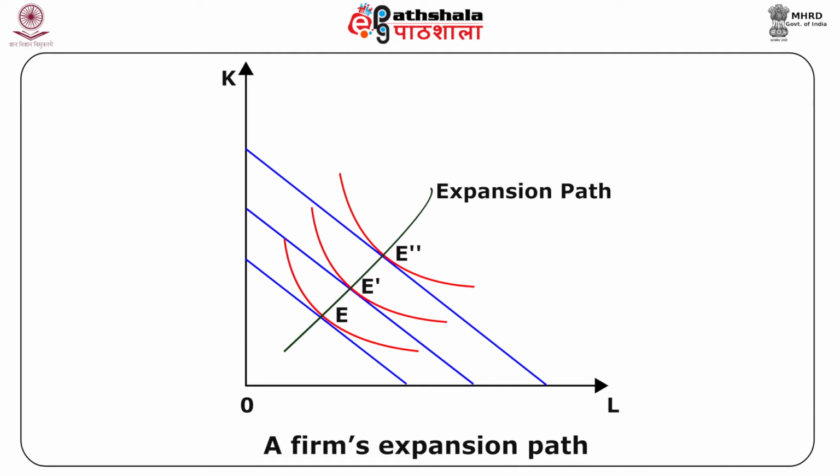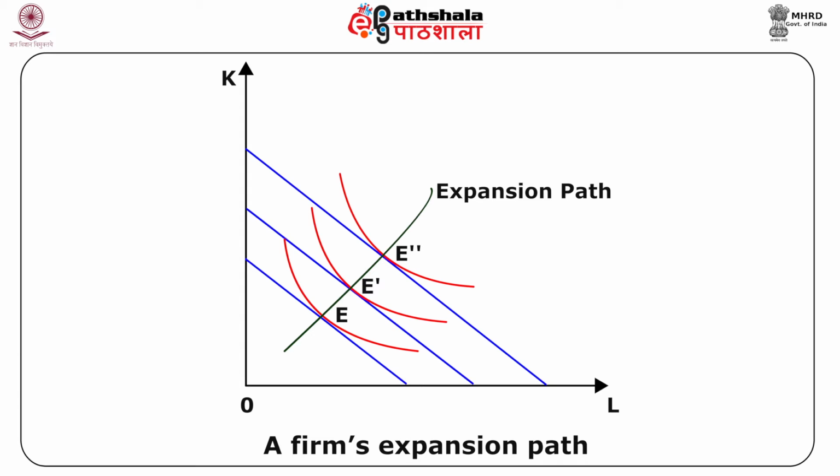In figure 8, E is the initial cost minimizing equilibrium point of a firm, for example, corresponding to point E in figure 7. If the firm wishes to expand the output and increase its budget, it obtains a new cost minimizing or profit maximizing equilibrium point, that is E dash.